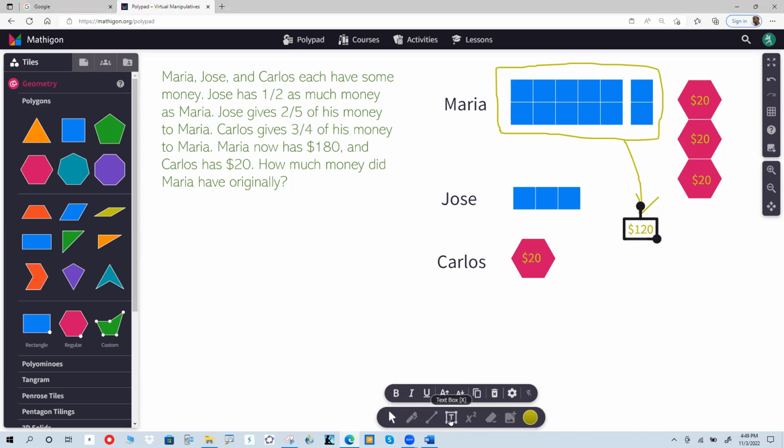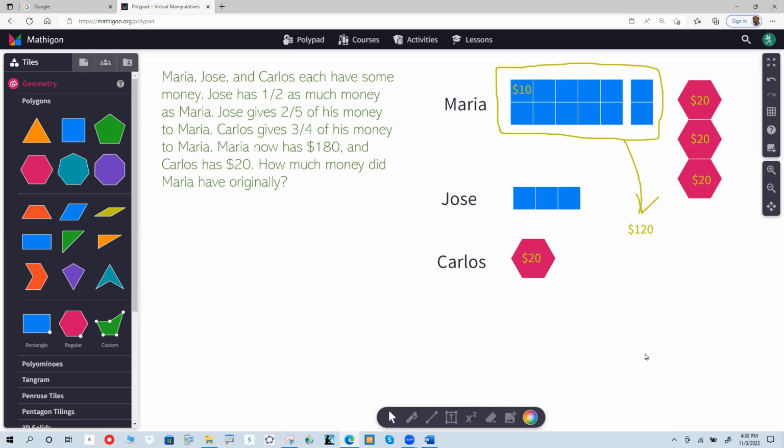That tells me that Maria's squares, originally and currently, each square is worth $10. I'm not going to write it this many times because it's very tedious. I'm going to label it once. Each blue square must be worth $10.